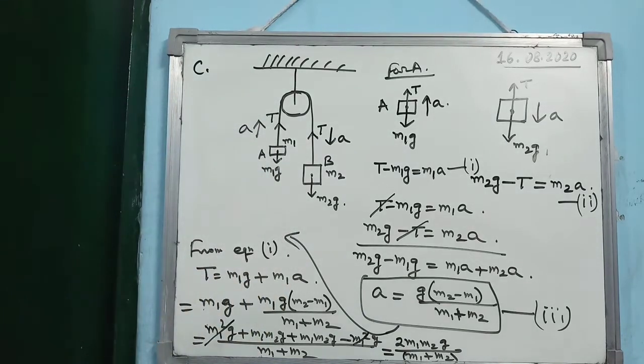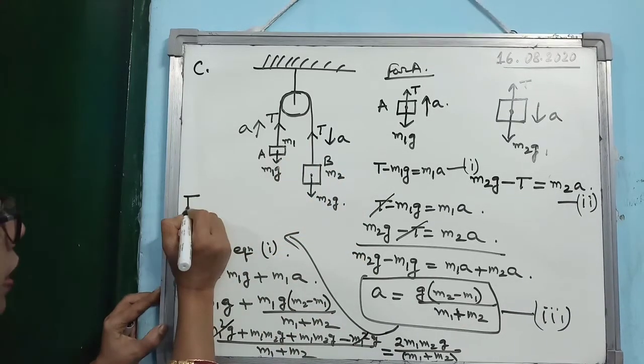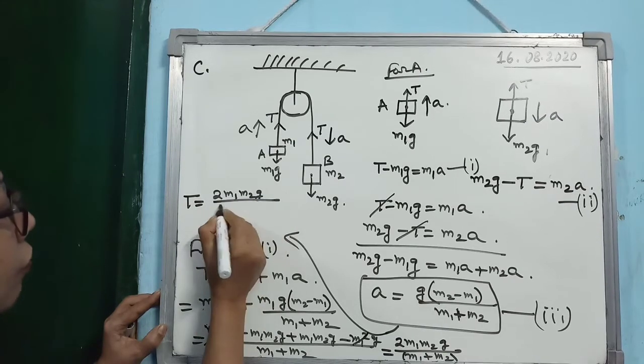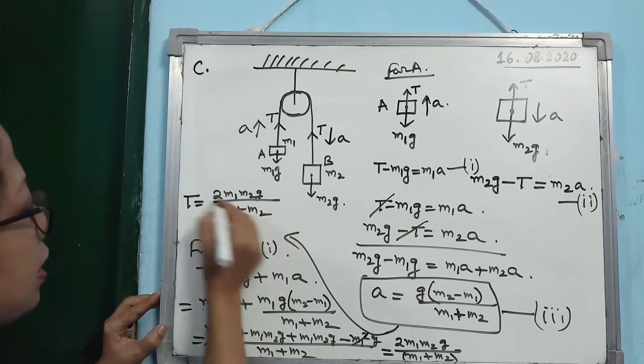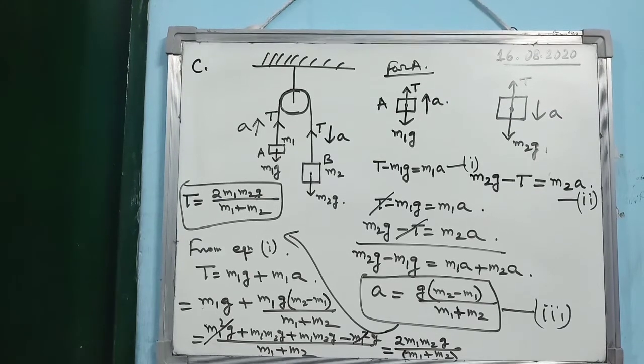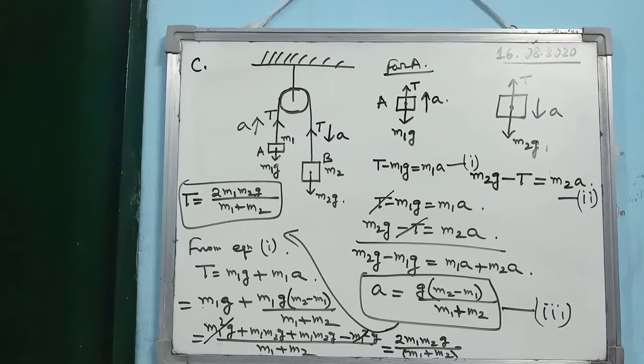So this is the expression for the tension in the string. So I am writing it separately. What is the tension in the string you have got? 2 M1 M2 G divided by M1 plus M2 is the tension acting on the string. Alright, so when you are suspending the two bodies by a common string, then these are the expressions for tension in the string and expression for the acceleration.